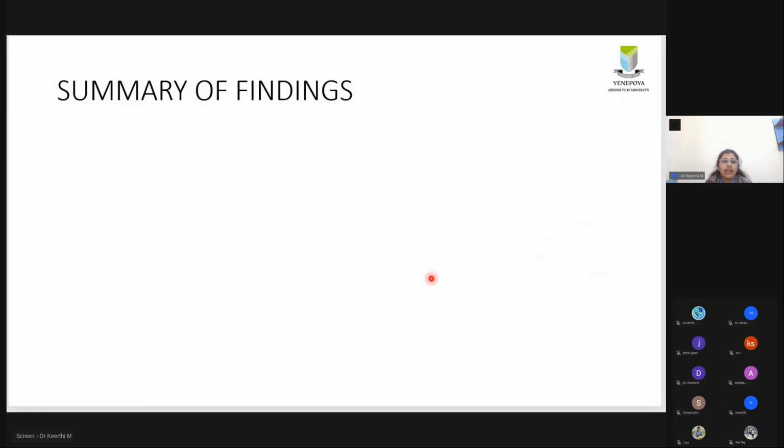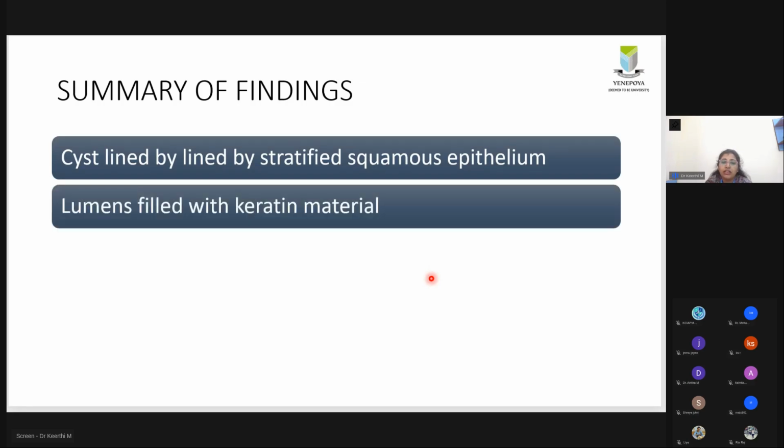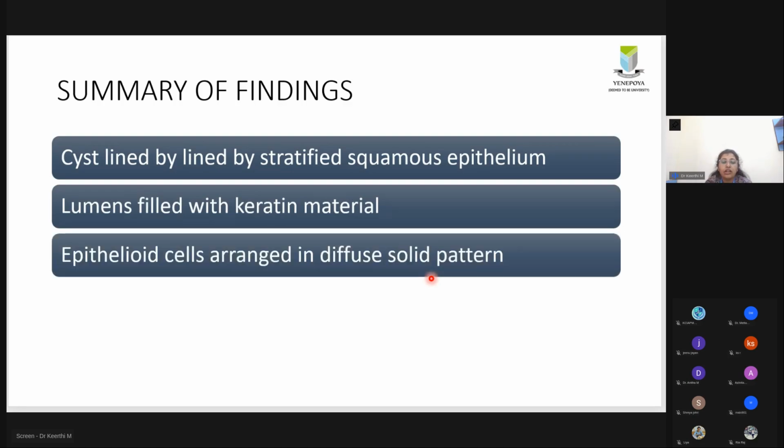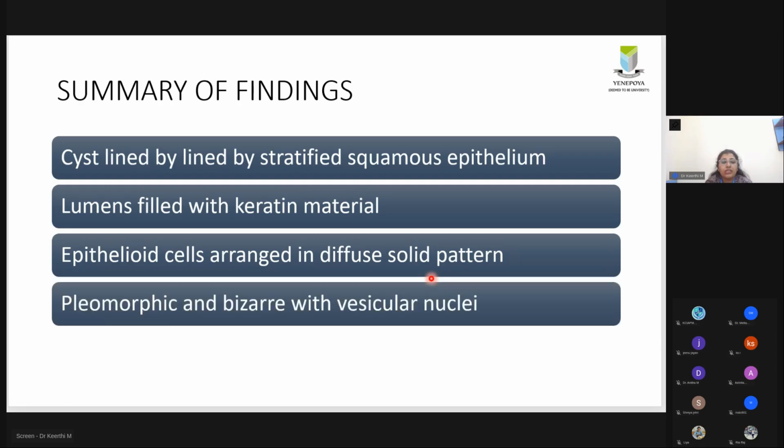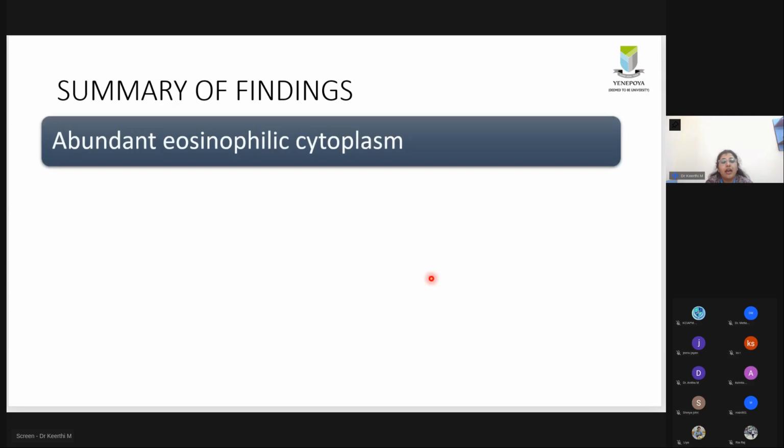To summarize the findings, there was a cyst lined by stratified squamous epithelium, and the lumen was filled with keratin material. And the second slide has epithelial cells arranged in a diffuse solid pattern, and those cells are pleomorphic and bizarre with vesicular nuclei, having prominent cherry red macronucleoli and abundant eosinophilic cytoplasm.